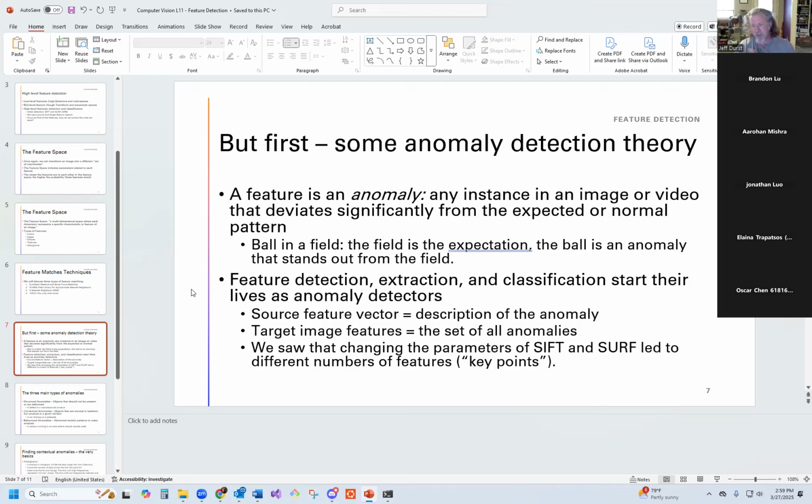And so to overcome that issue within these images, we need to think a little bit more about what anomaly detection means and how we do it, and how these anomalies we find are key points in an image. And so that's what I mean when we get back our list of key points. We're essentially getting back a list of everything that looks different from everything else in the image after it's averaged out.